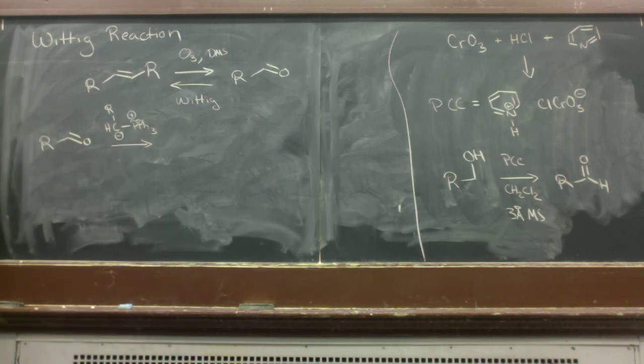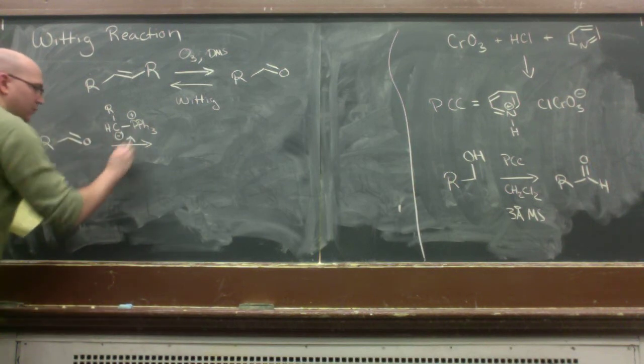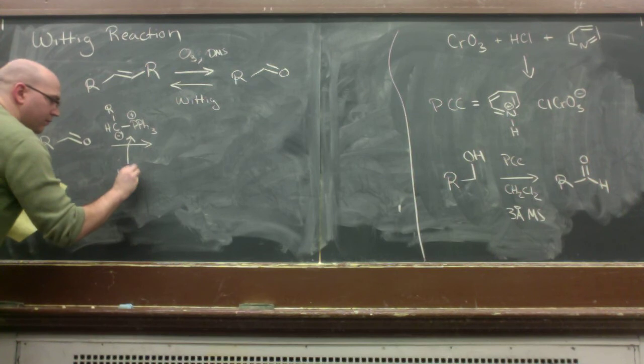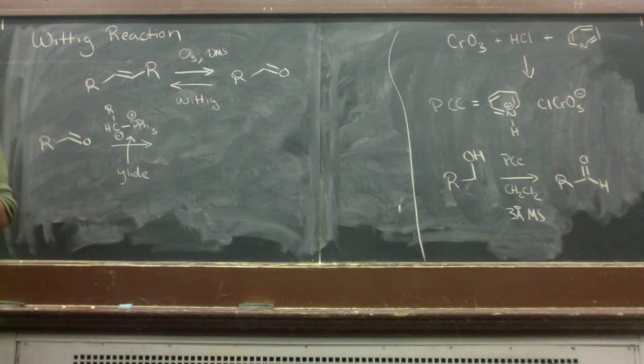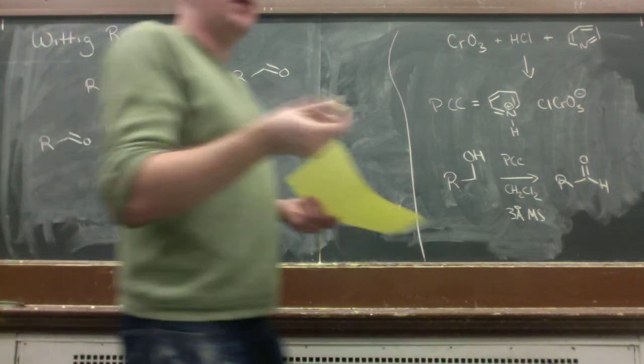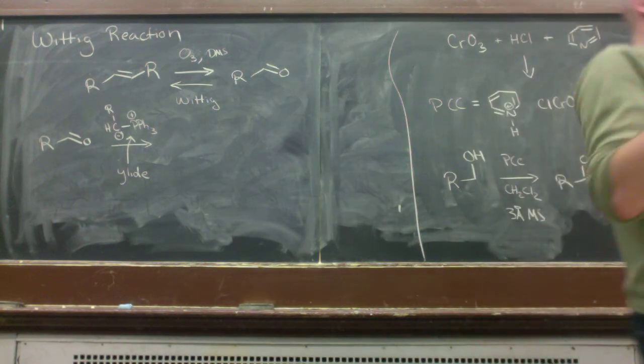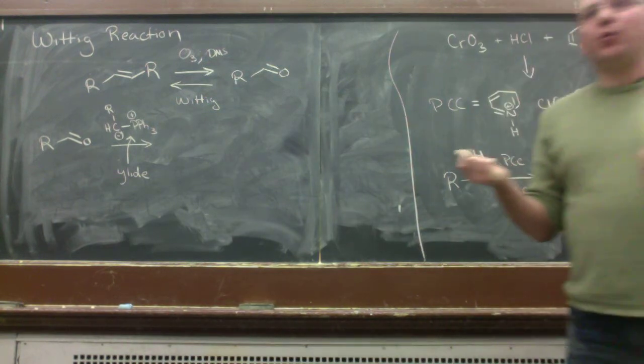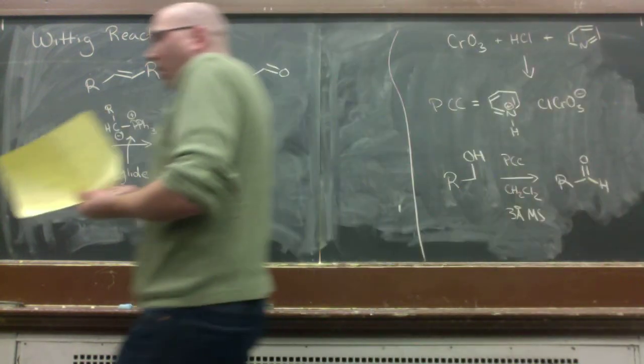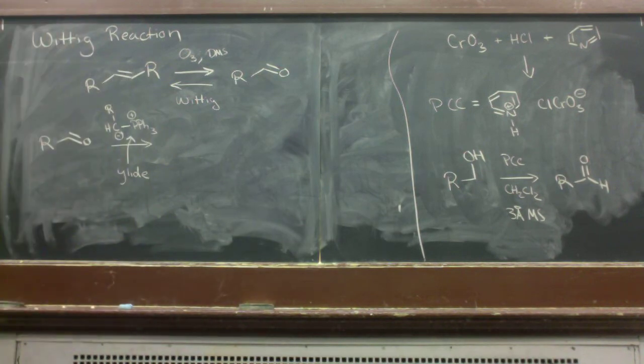The process involves these molecules which we call ylids, Y-L-I-D-S. An ylid simply refers to organic molecules which have a positive and negative charge associated with one another, usually adjacent to one another.